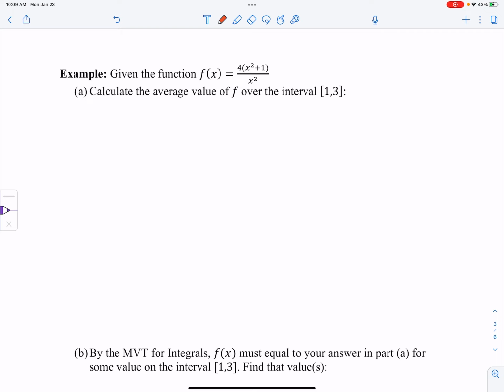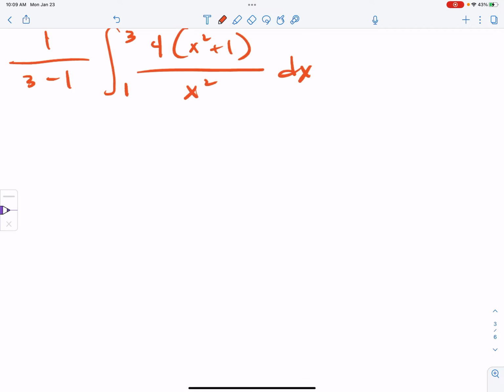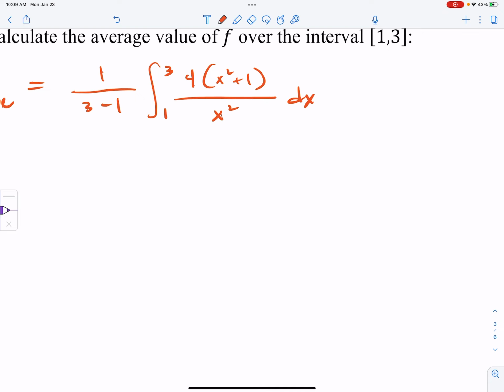So average value, oops, that's not how you spell value, would be equal to 1 over 3 minus 1 times the definite integral from 1 to 3 of 4 times x squared plus 1 all divided by x squared dx.